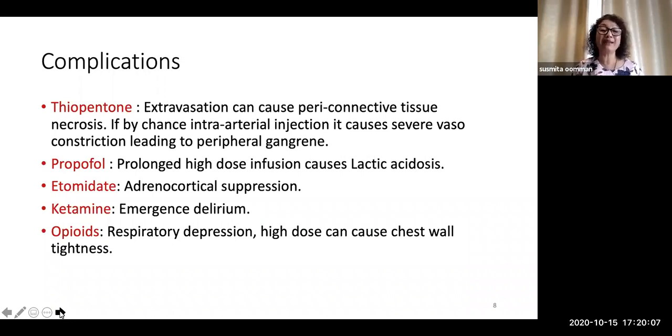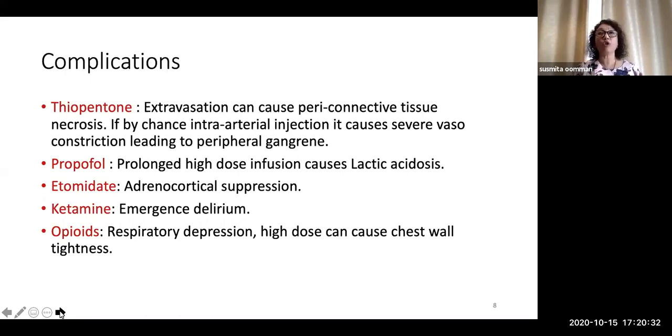Thiopentone, the main thing about it was that it is a very strong alkali and it can cause extravasation. If it leaks from the vein, or the vein by any chance ruptures or there is an issue, and it goes around into the perivascular tissue, it can cause local necrosis in the skin.